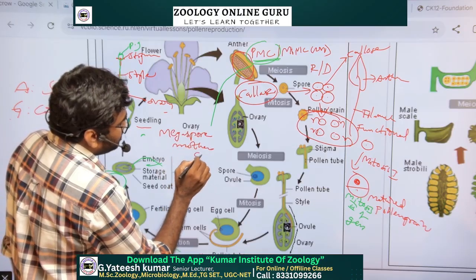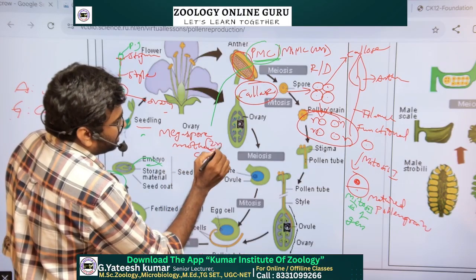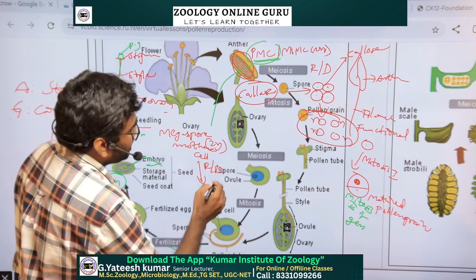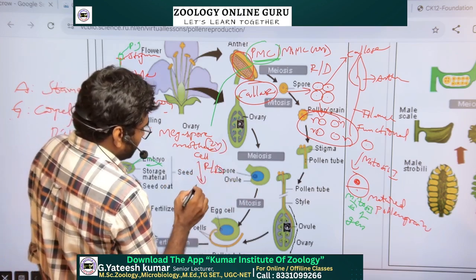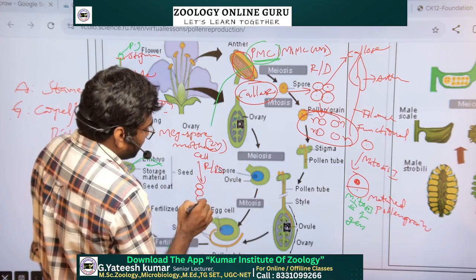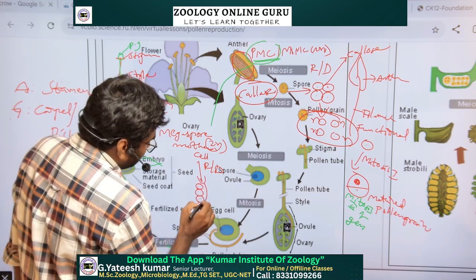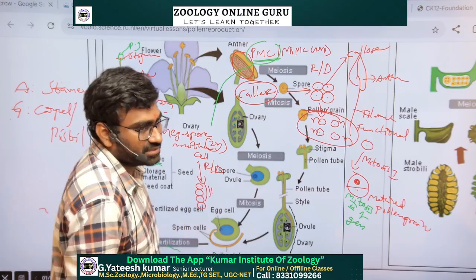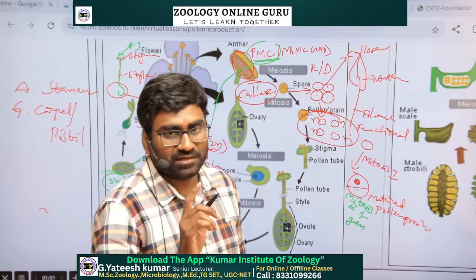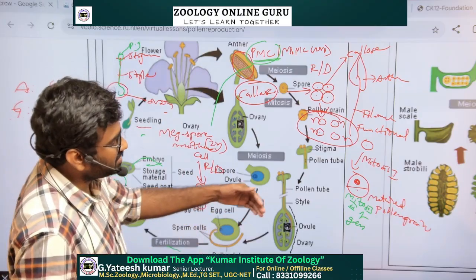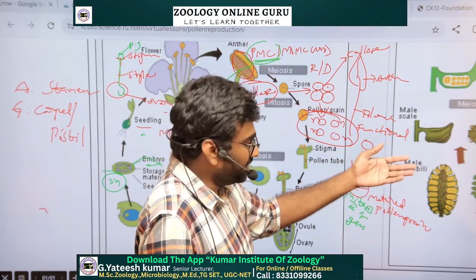This megaspore mother cell undergoes meiosis division to produce a linear tetrad of megaspores, and out of these 4 megaspores, 3 cells will disintegrate. Only one is a functional megaspore. It is completely contrasting to the pollen mother cell.